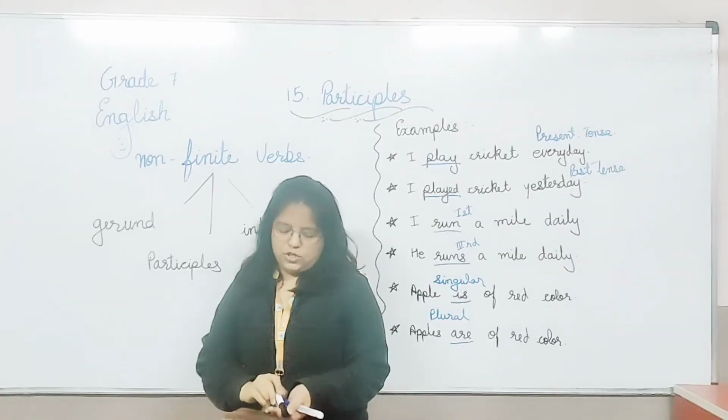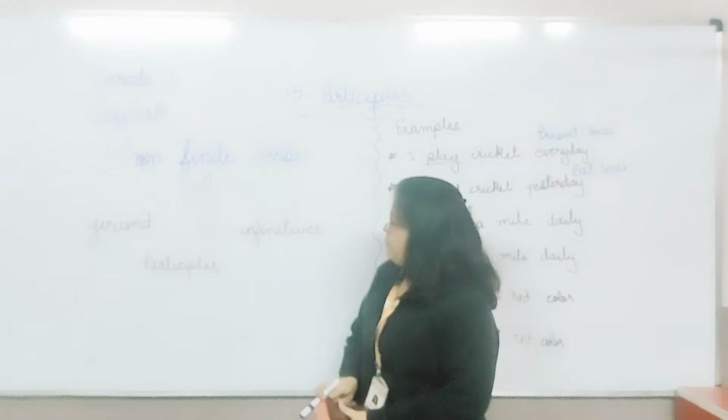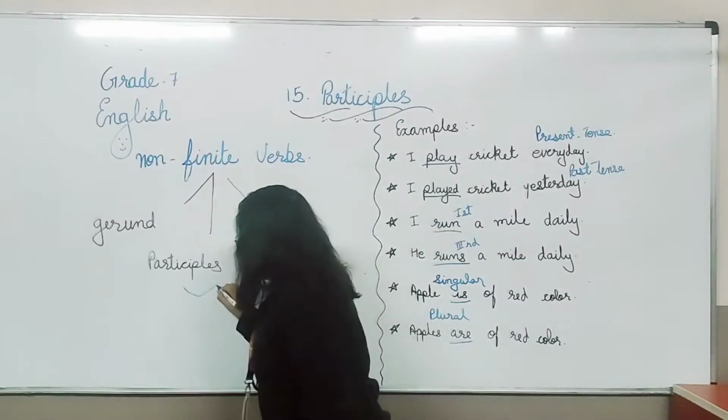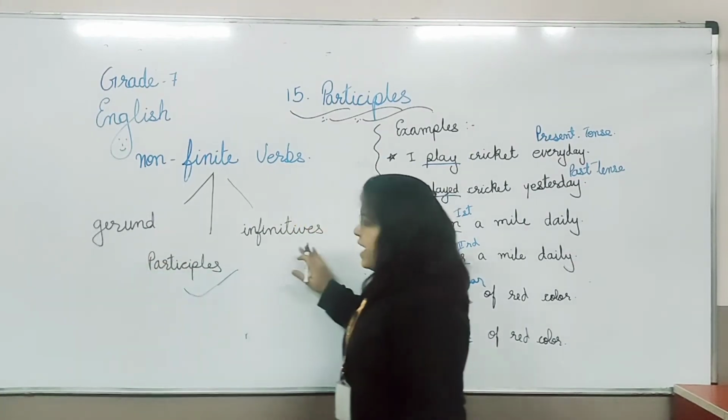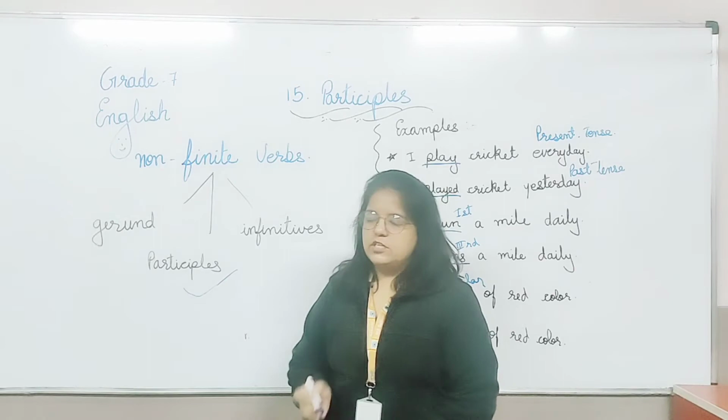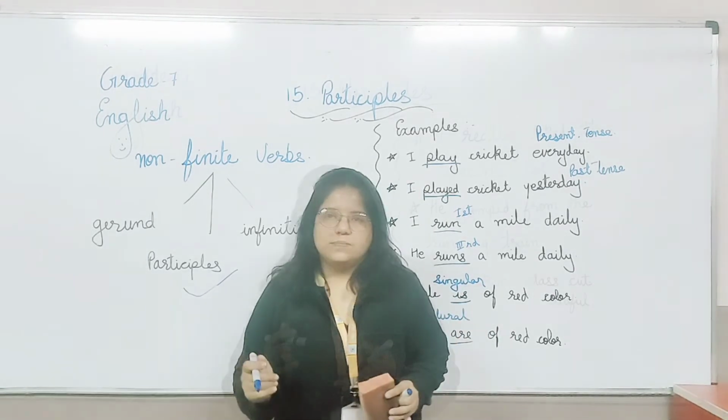Today in this lecture we will go through what participles are. Means we will learn what participles are. Gerund and infinitive we will continue in our next lecture. So let's start with participles.